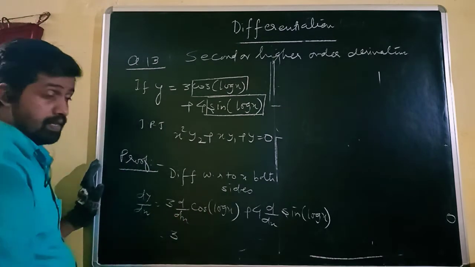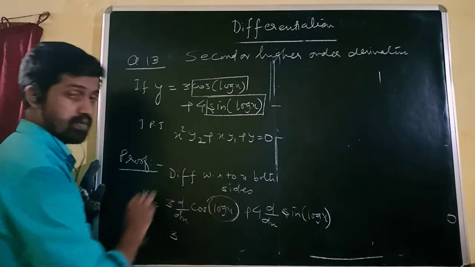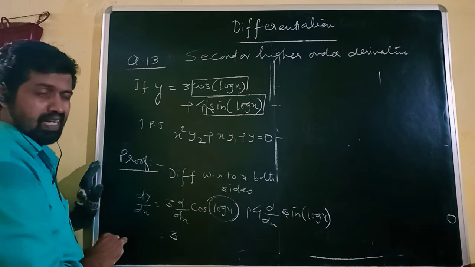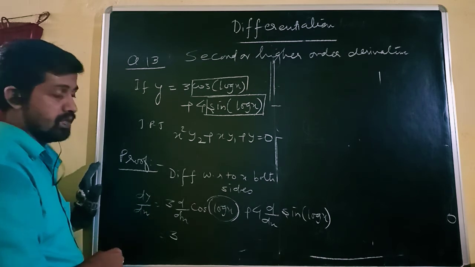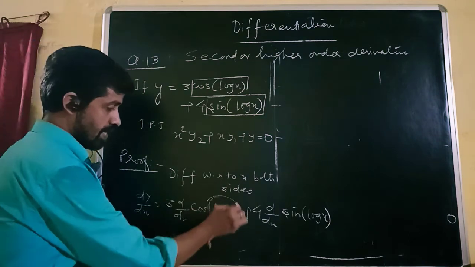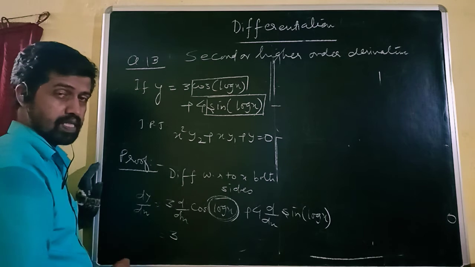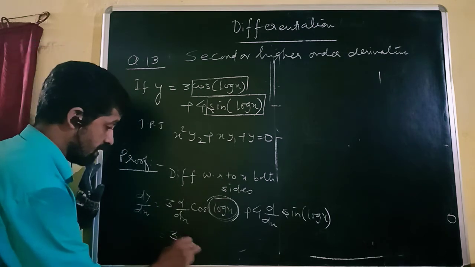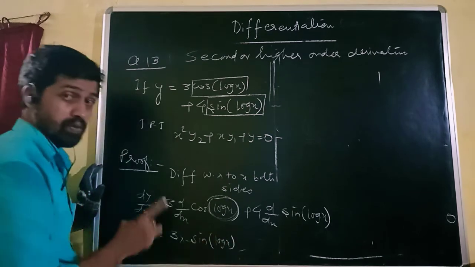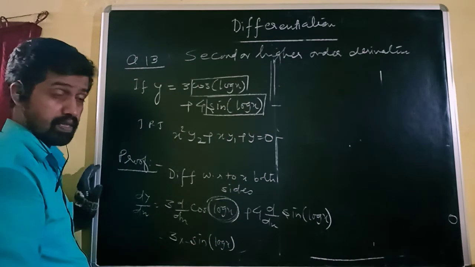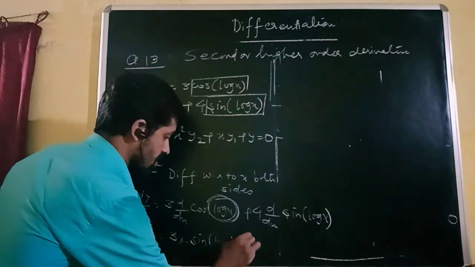Now here it is cos of log of x, so we assume this one as x, and since it is a case of composite function, we have to go for chain rule. So it becomes cos x, and cos x differentiation is minus sin x, so x will be written as log x, and chain rule will be applied over log x.